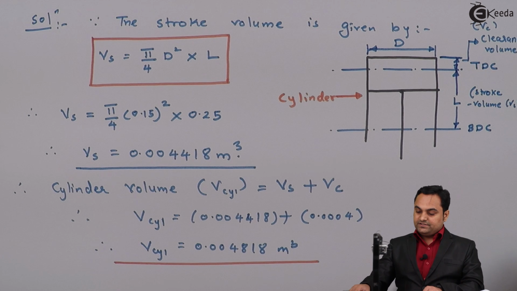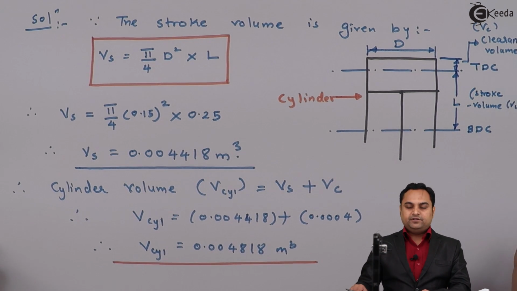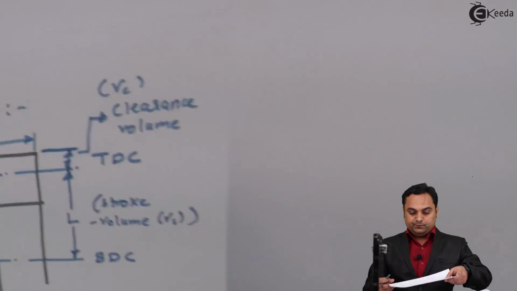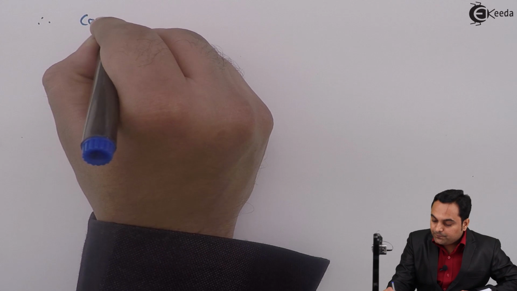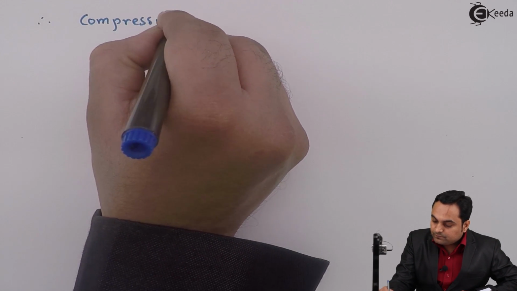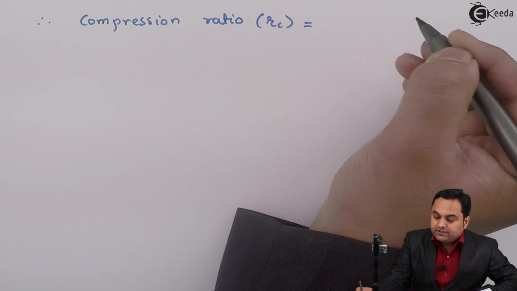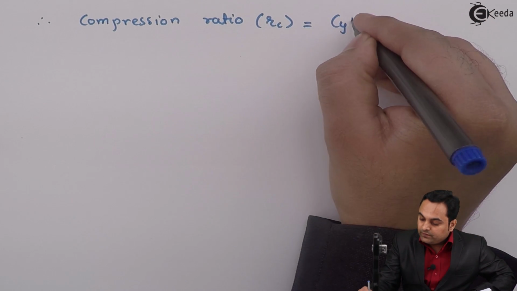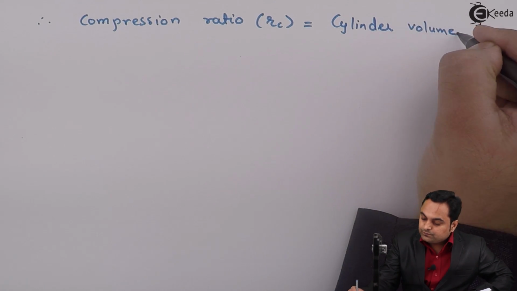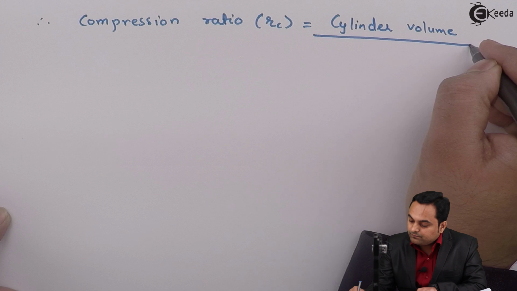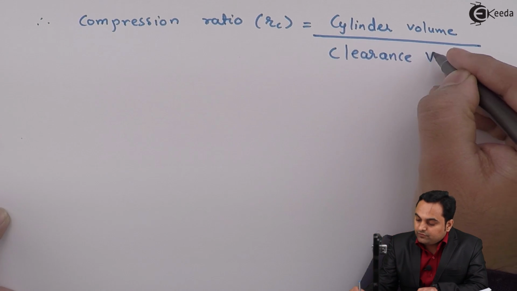Next, I'll calculate the compression ratio because it would be required further in the problem. Therefore compression ratio, denoted as R suffix C, will be equal to cylinder volume upon clearance volume.